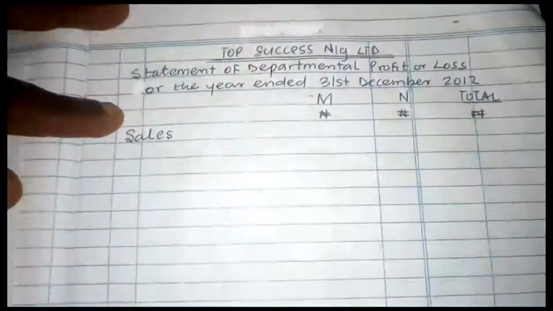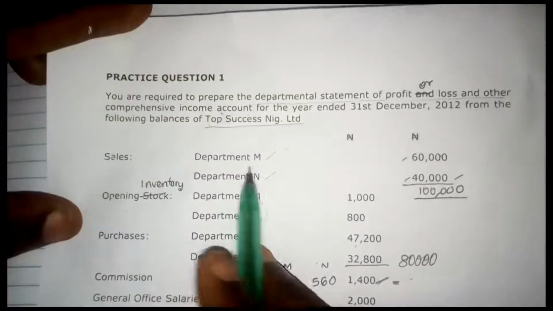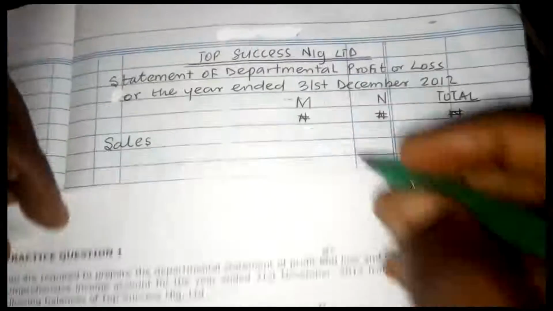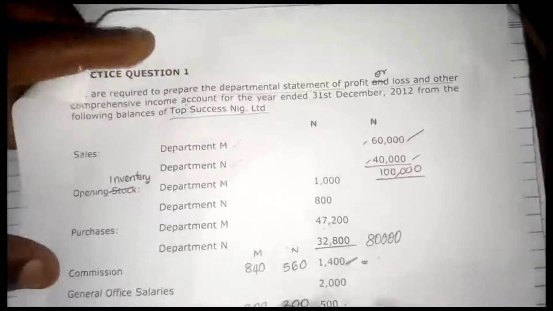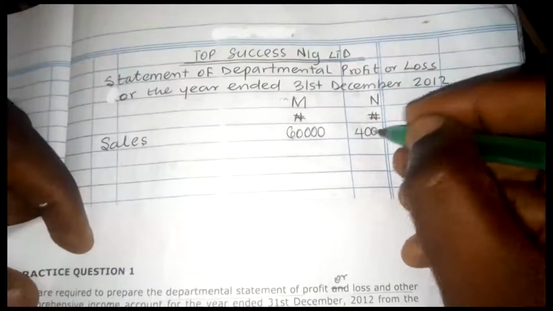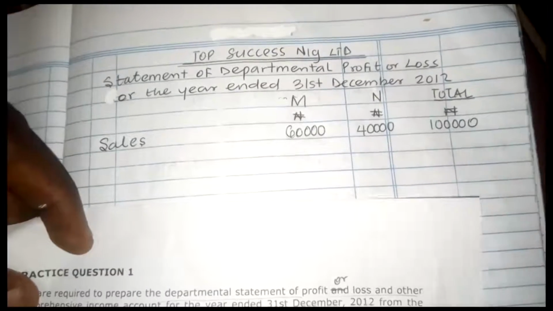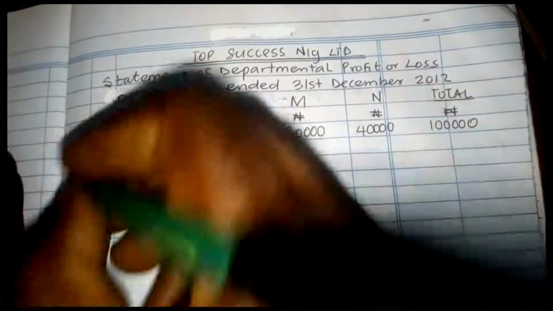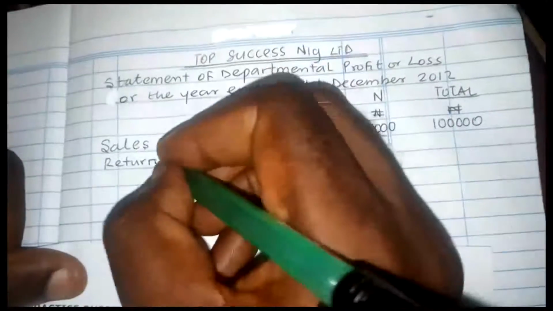Then you start with the sales. You go into the question, you look for the sales. Department M is 60, you tick, so you write 60,000. Then for department N is 40, you tick, 40,000. Then the total is 100,000. Then do we have any returns?